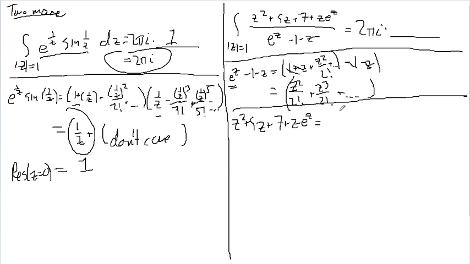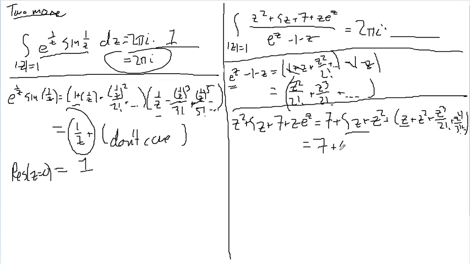This is equal to, maybe I'll put these in order, 7 plus 5z plus z squared plus, well, I know z times e to the z is going to give me z plus z squared plus z cubed over 2 factorial plus z to the 4th over 3 factorial plus. This is equal to 7 plus 5z plus 1z gives me 6z plus, that's going to give me 2z squared plus a bunch of other stuff that I'm not going to need.